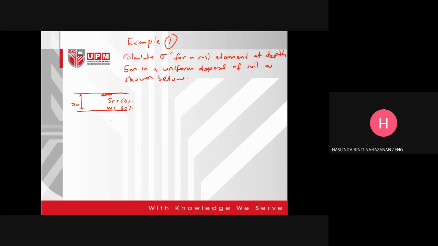Then below we have a water content of 40%. The question asks to find the effective stress at 5 meters, so another 3 meters here. At this point, we need to find the effective stress.